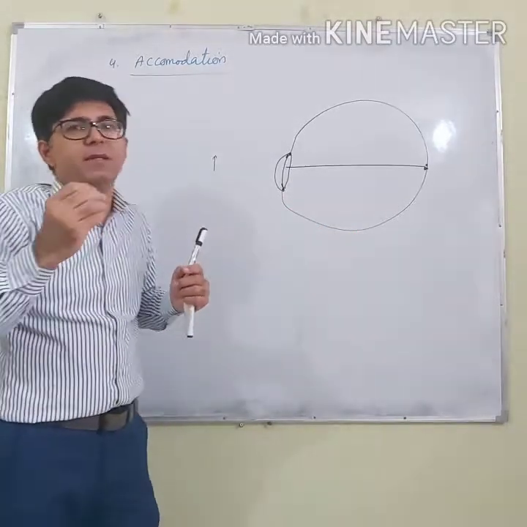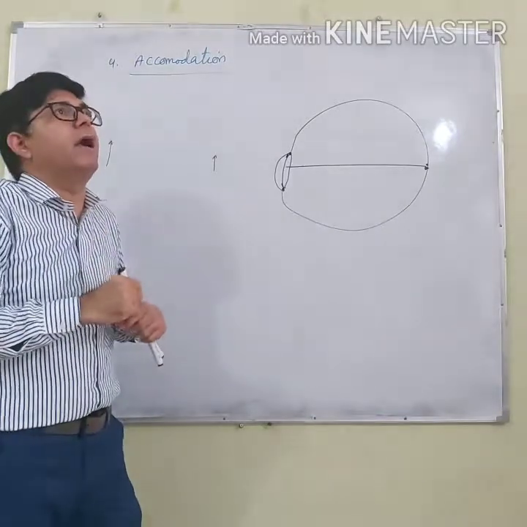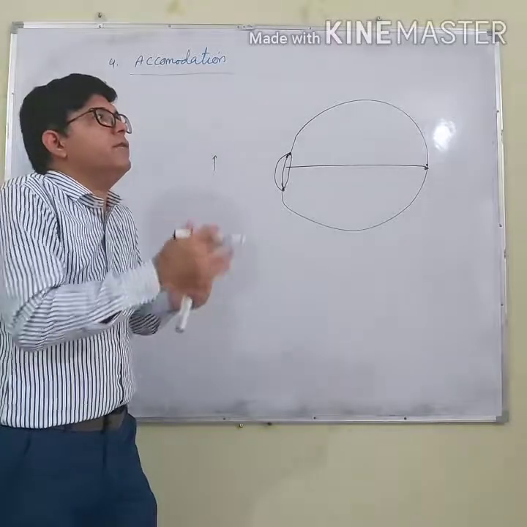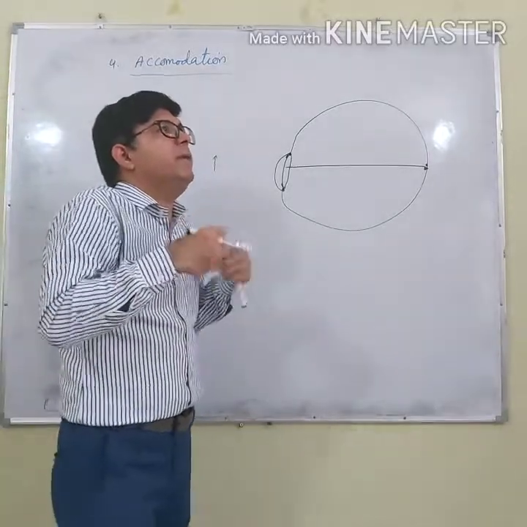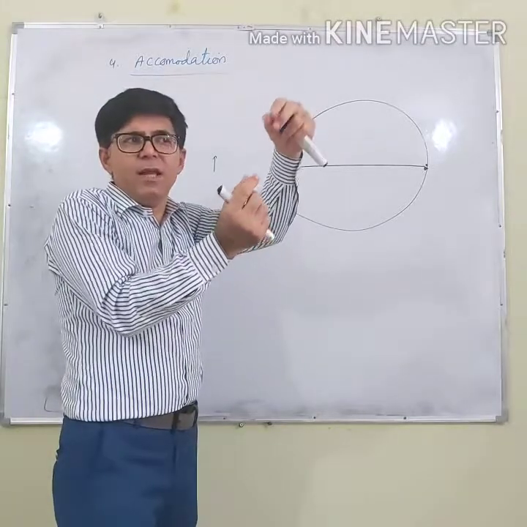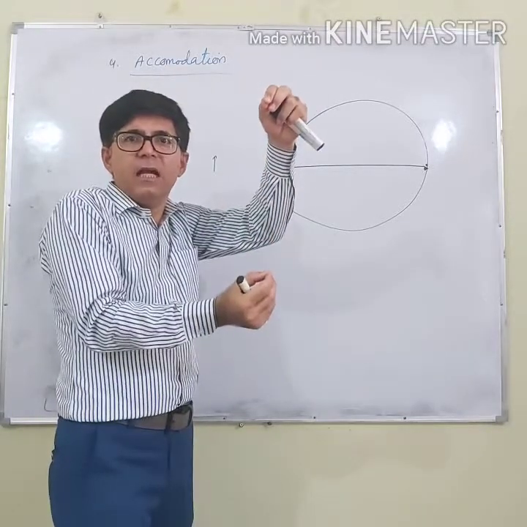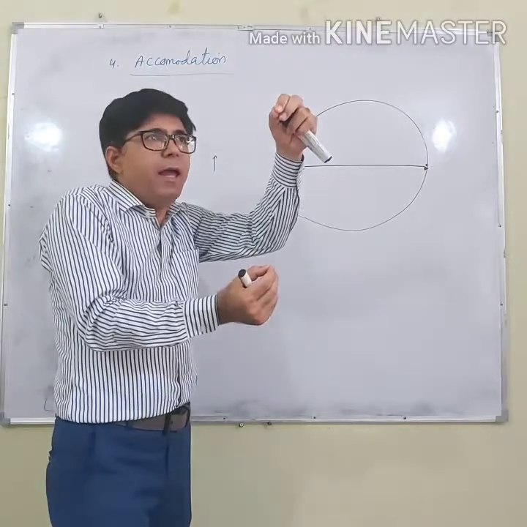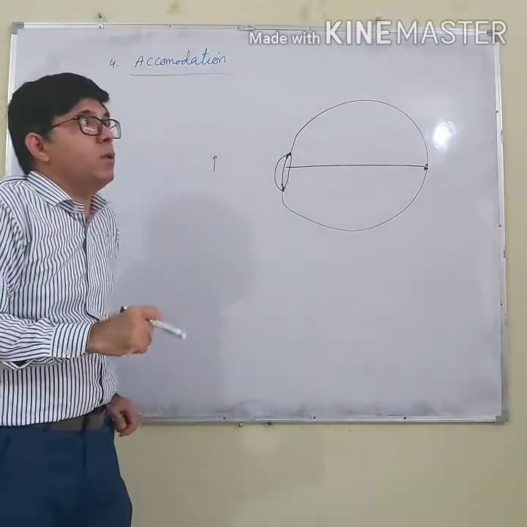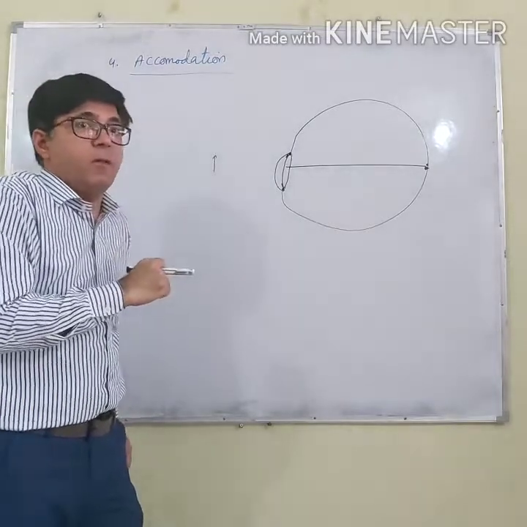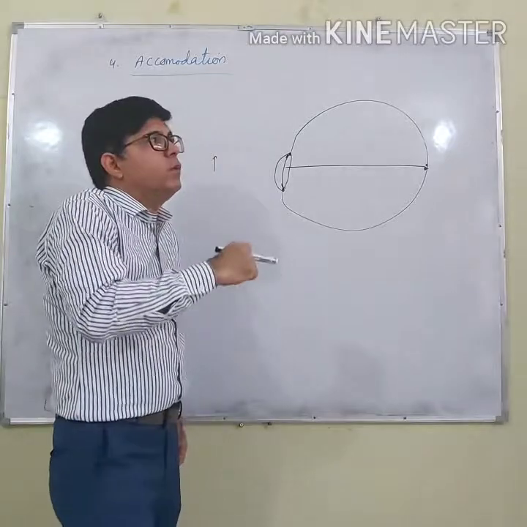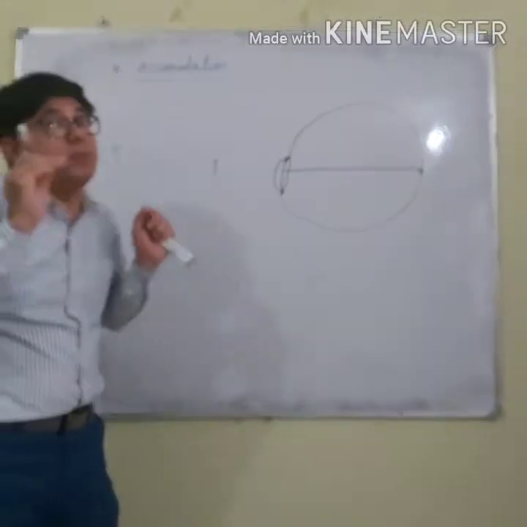Its sharp image is formed at the retina. And when we are seeing a far away object, the ciliary muscles are relaxed. The lens becomes thin, the focal length of the eye lens increases, and hence we are able to see far away objects clearly.